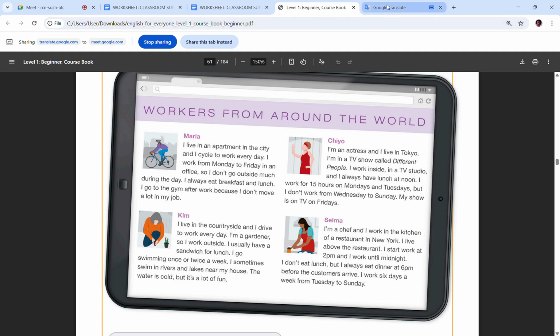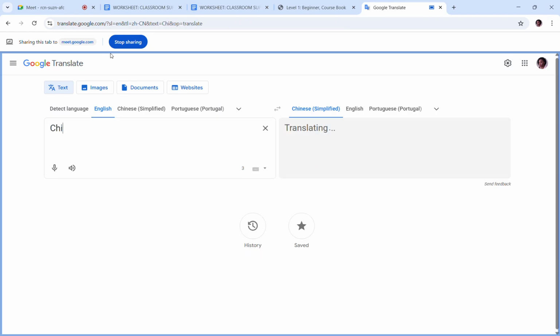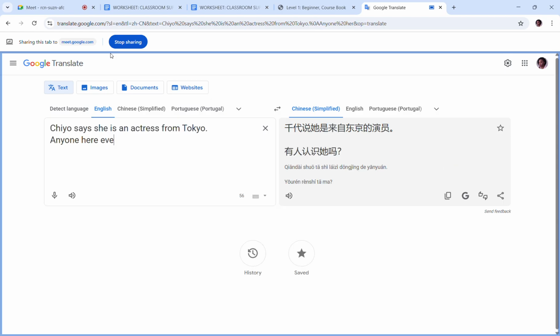And then Chio says she's an actress from Tokyo. Anyone here ever been to Tokyo?